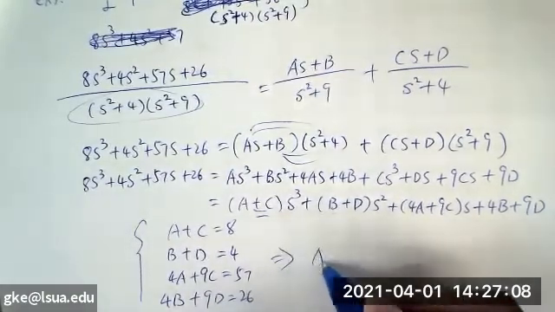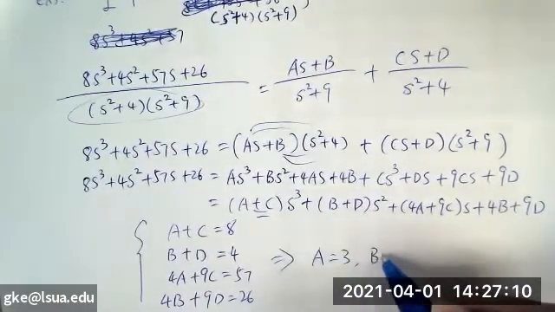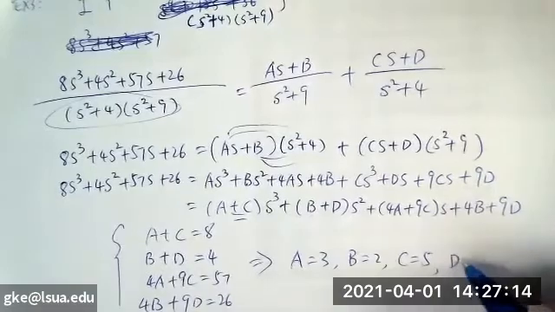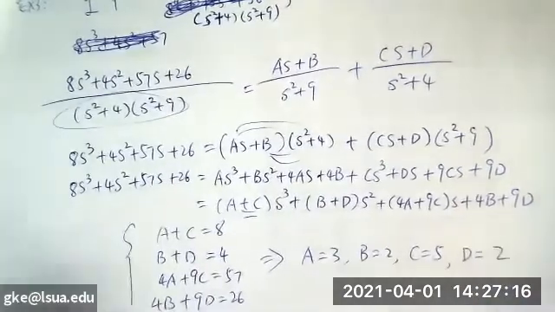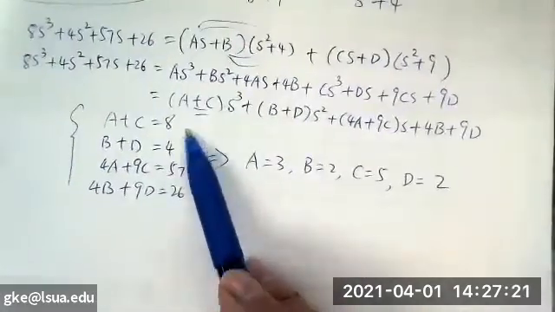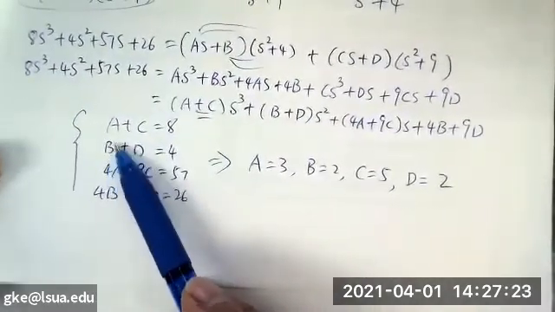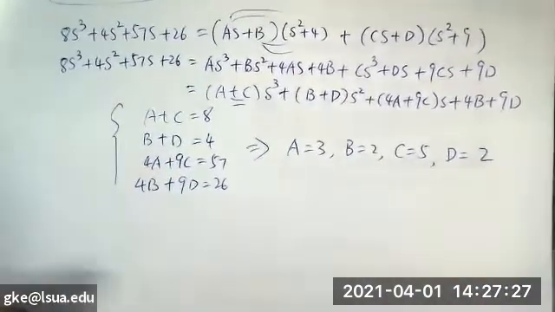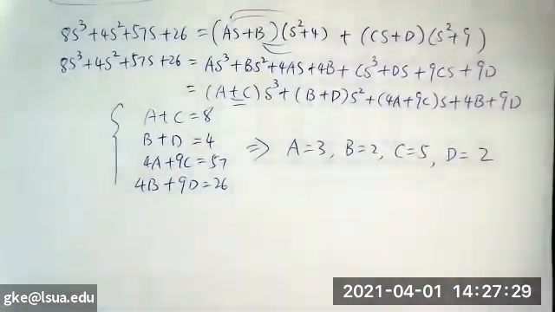So we get a equals 3, b equals 2, c equals 5, d equals 2. Okay, so that's the answer. You can solve it because we have 4 unknowns and 4 equations, so we're supposed to be able to solve it.